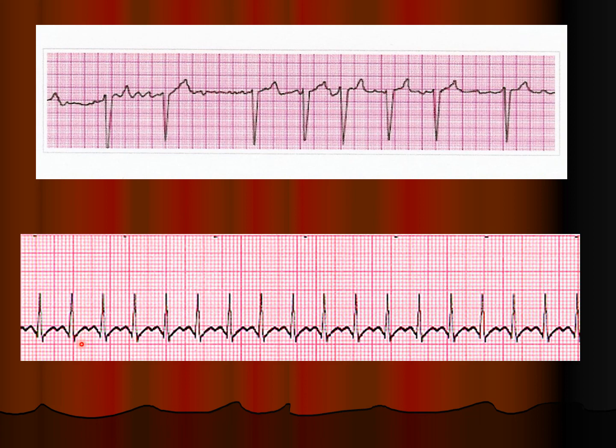Don't get caught up in that. If it's above 150 and we have skinny QRSs and it's regular, we're going to call that an SVT. Remember, we're losing filling time here. There's nothing normal sinus about this if it's going this fast.